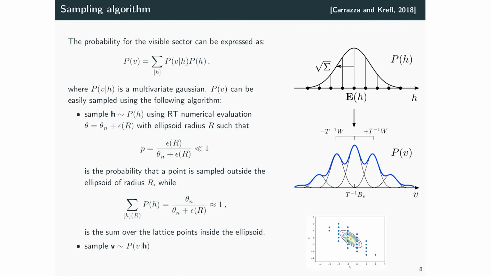Another interesting property of the Riemann theta Boltzmann machine is that we are also able to sample this PDF, P(V). We can do this by using the law of total probability.